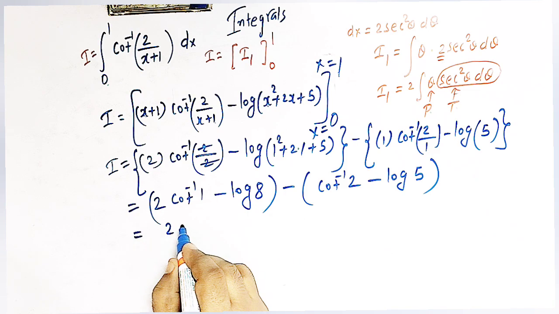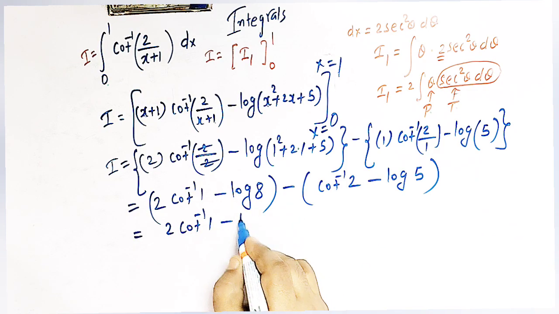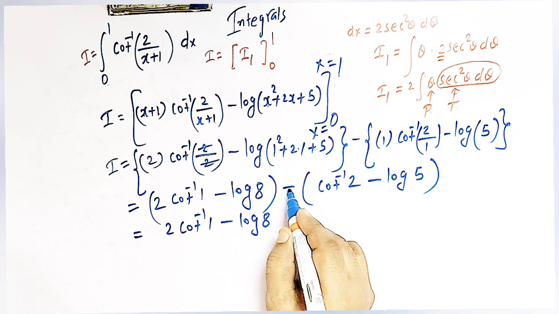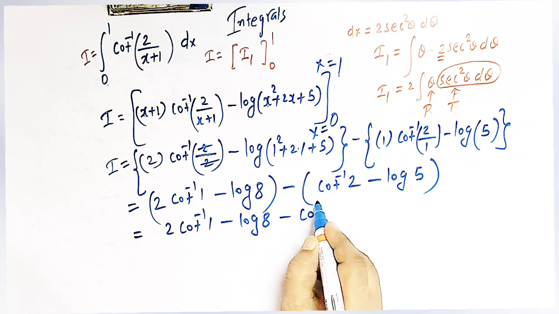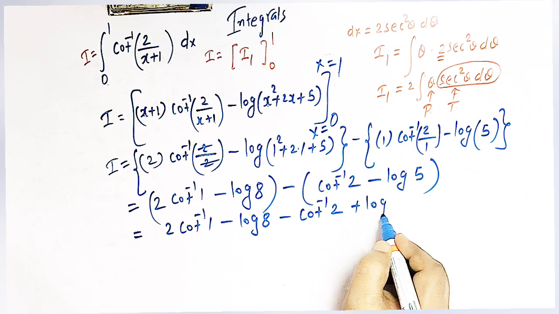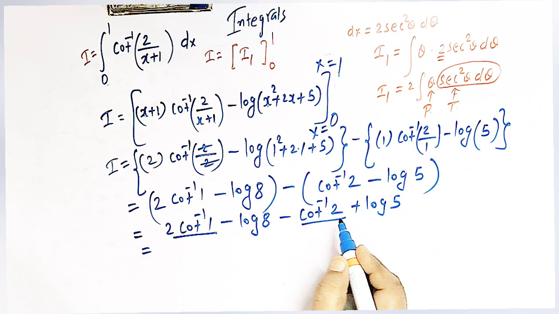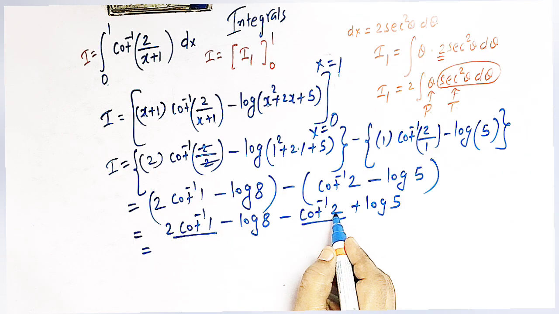So this is 2 cot inverse 1 minus log of 8, then we have minus cot inverse 2, and this is plus log of 5.